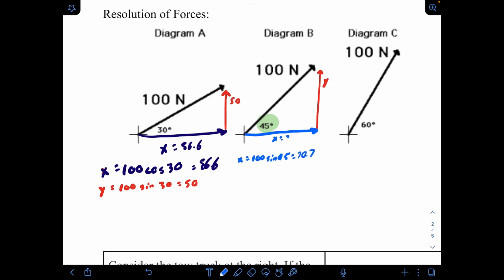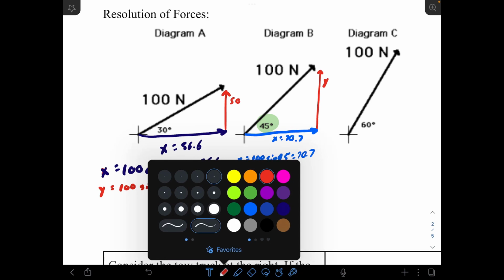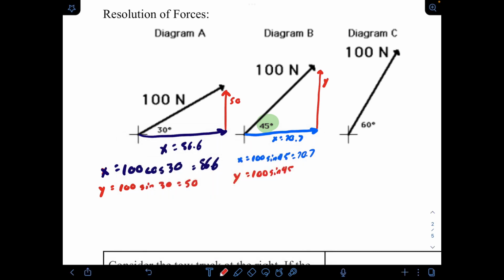So this chunk is 70.7 here. And for the y component, it is 100 sine 45 also. Oops, I should have said cosine, my bad. But if you check on your calculator, 100 cosine 45 is actually the same thing. So shame on me. It should be cosine 45.